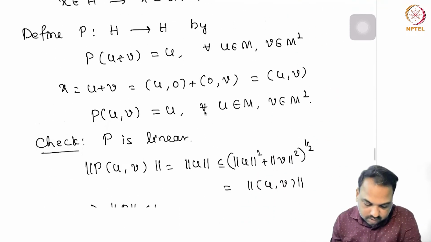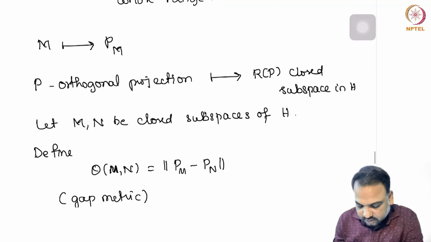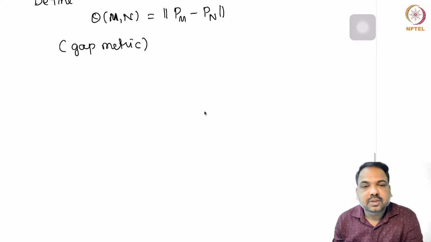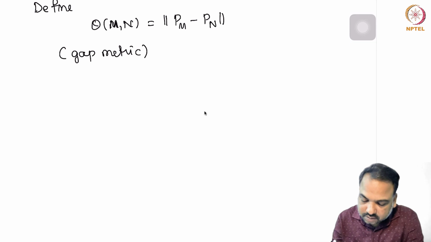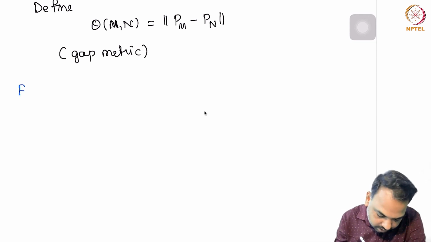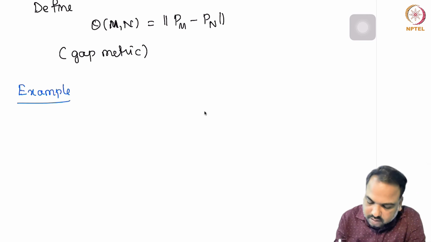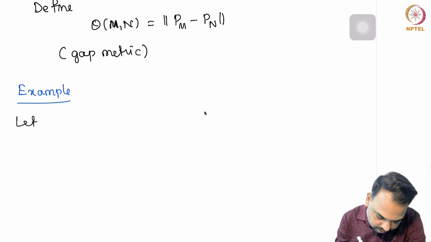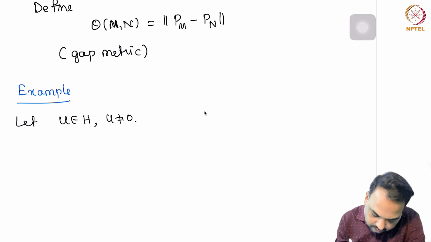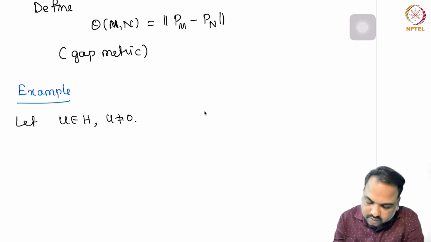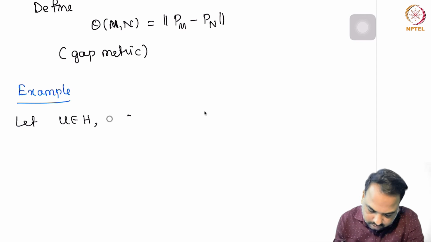Okay, so this is about existence of a non-trivial projection when we have a Hilbert space. Okay, so one simple example let us look at. Let us take u in H, u non-zero. In fact, we can take norm u equal to 1.